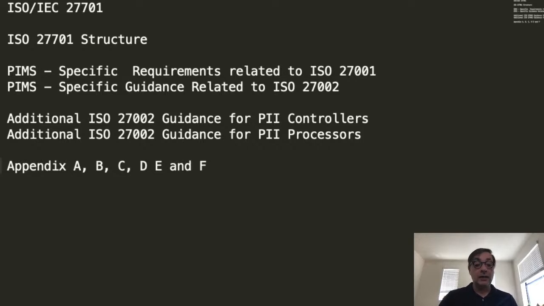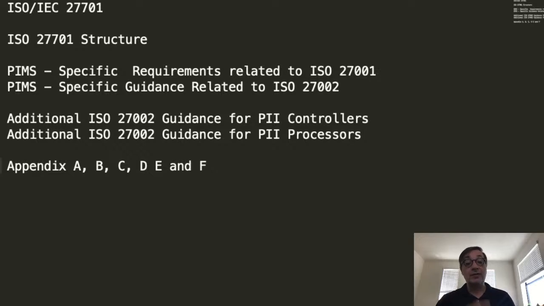So again, the control objectives and controls listed have to be included, and the same thing as before: everything that is not there should be justified, exactly as I mentioned for the Appendix A.